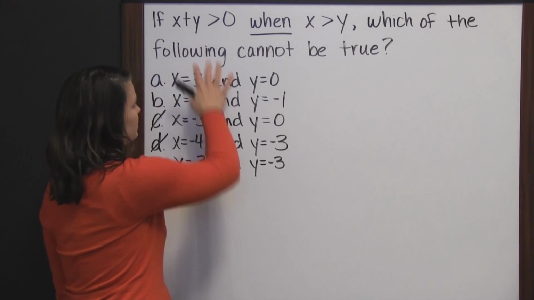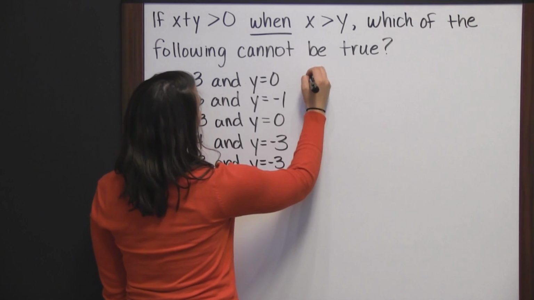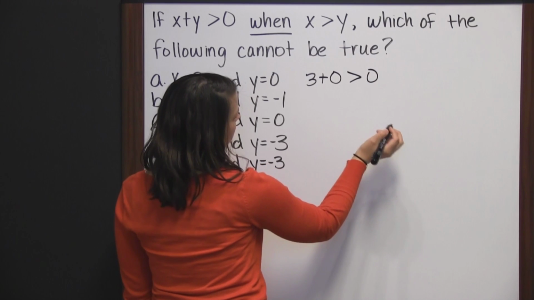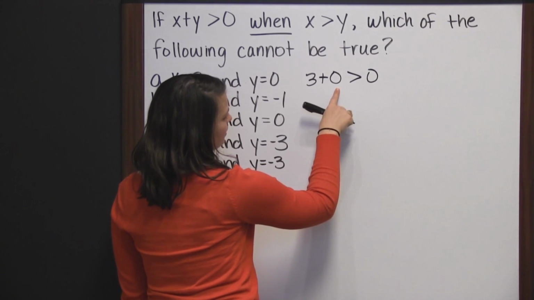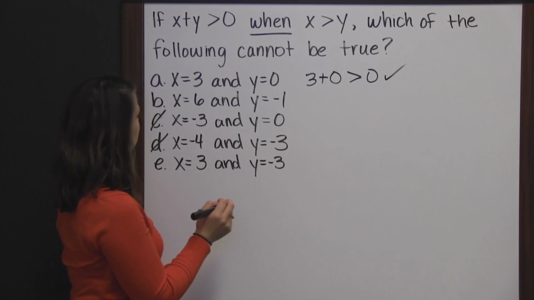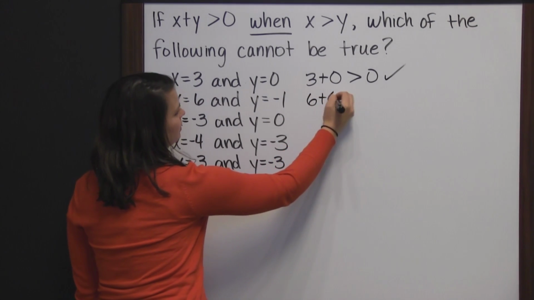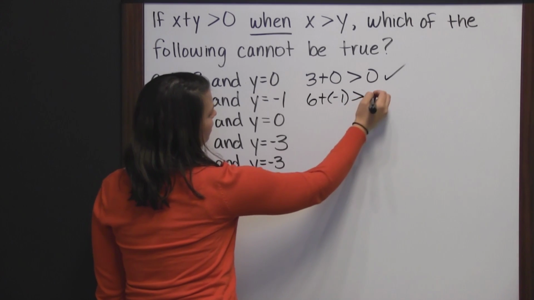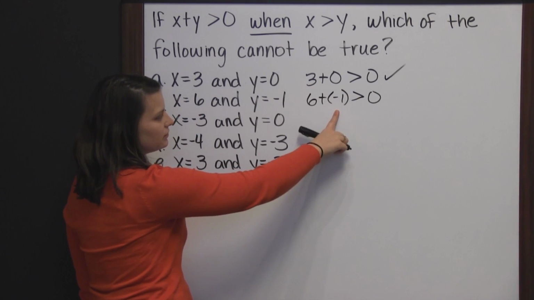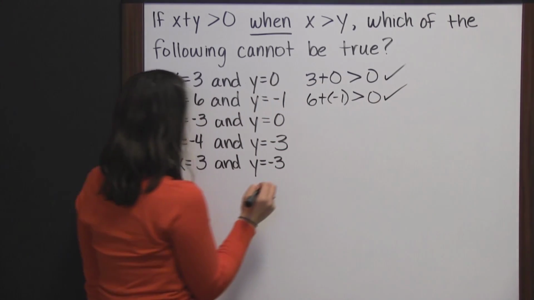So now we need to check to see if they satisfy the first. So we'll take A, 3 plus 0 is greater than 0. 3 plus 0 is 3, and that is greater than 0, so it works. B, 6 plus negative 1 is greater than 0. 6 plus negative 1 is 5, and 5 is greater than 0.